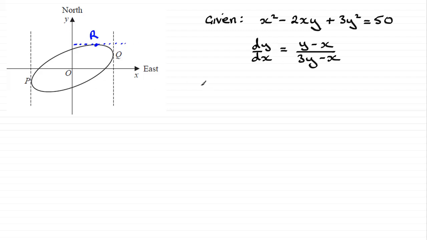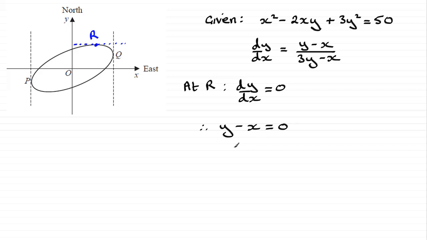So we would just need to set dy by dx equaling 0. So if we did that, then with a fraction like this, the numerator must equal 0. So therefore, from that, we would have y minus x equaling 0.